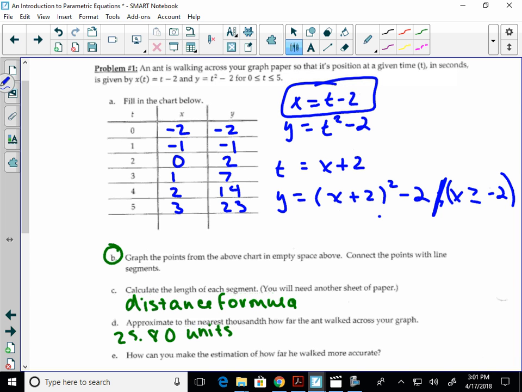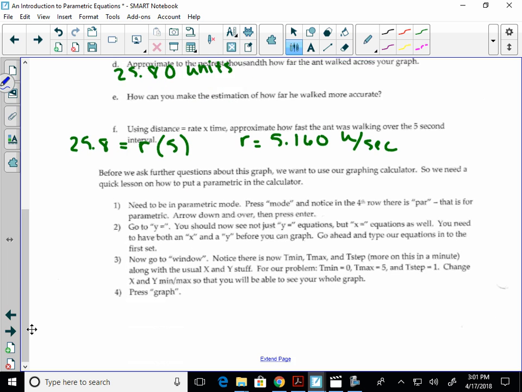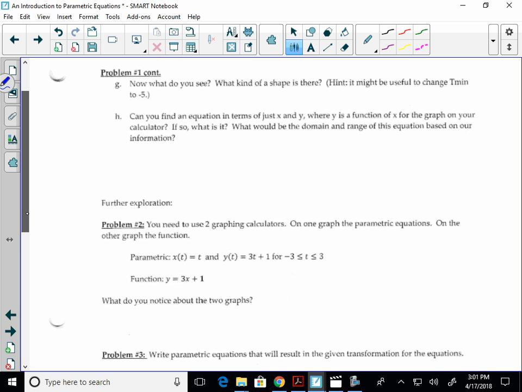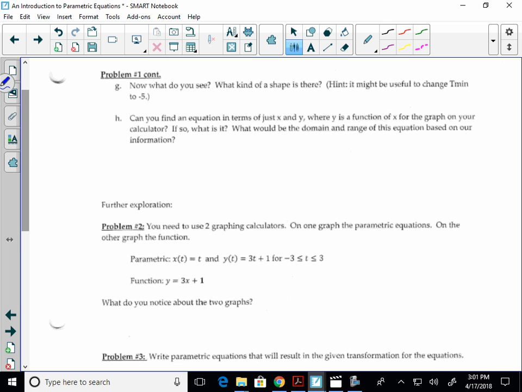Okay, next, we already did this, it's a parabola. And we already found the equation. Okay, domain and range.